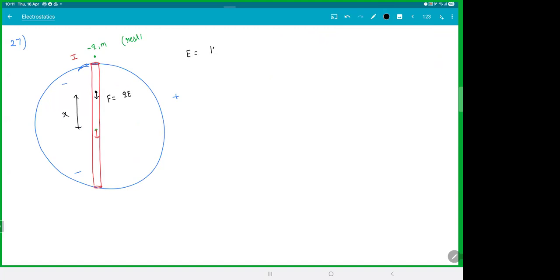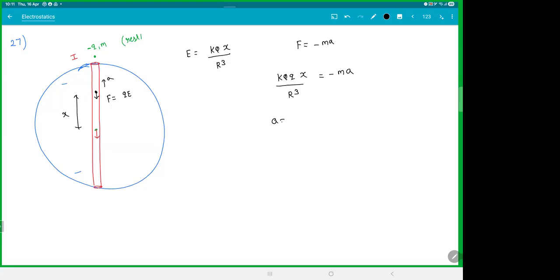The field inside is kq x, the distance from the center, by r cube. So we can write F is equal to minus ma. We are taking acceleration in the opposite direction to x. So this would be kq small q x by r cube is equal to minus ma.